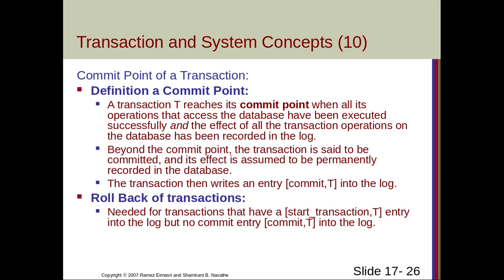Rollback of a transaction is needed for transactions that have a start transaction T entry in the log but no commit entry. If you don't have any commit entry in your log, then you have to roll back.